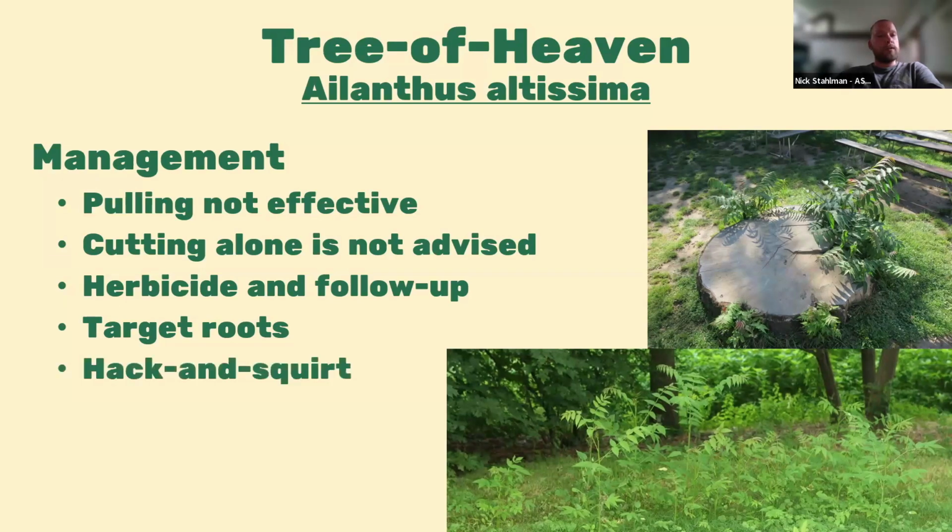There's a way to do this called hack and squirt, where you take a hatchet, hack into the live tissue of the tree, and squirt a little bit of herbicide into the tree in that mid to late summer time when it's taking stuff down to the roots. So it'll take that herbicide down to the roots. It's all contained in the tree itself. And hopefully just one treatment will do it, but possibly you'll need another follow-up treatment.